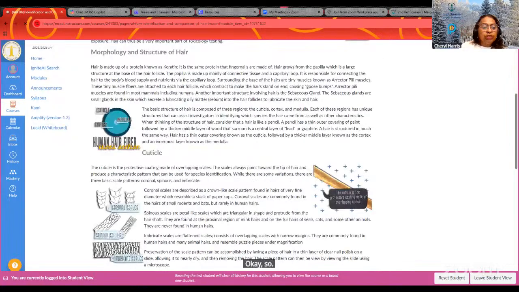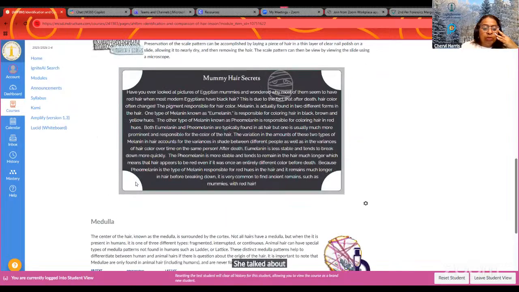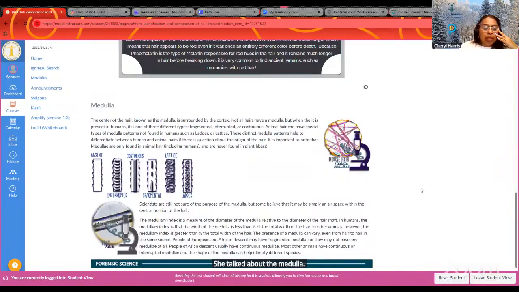So again, she's going to get into more depth about the second part down here with the scales, but she did go through all of the layers of the cuticle up here. She talked about the medulla. So that part, again, if you want to read back, we'll get into more depth about that.